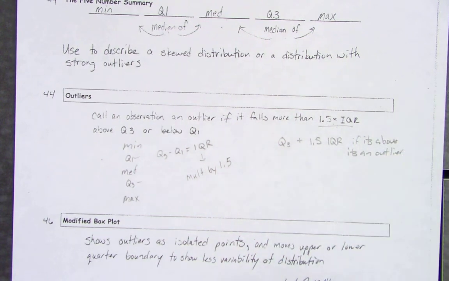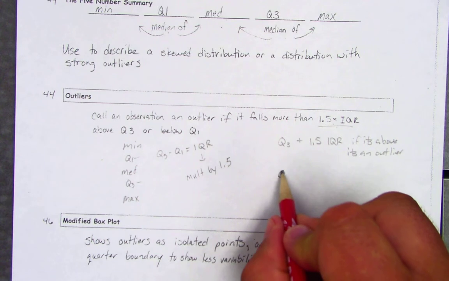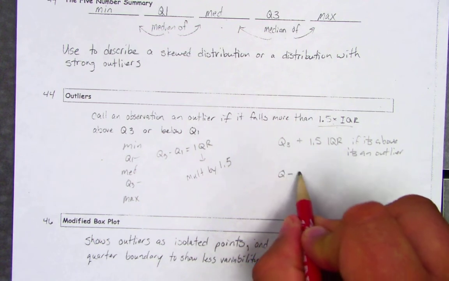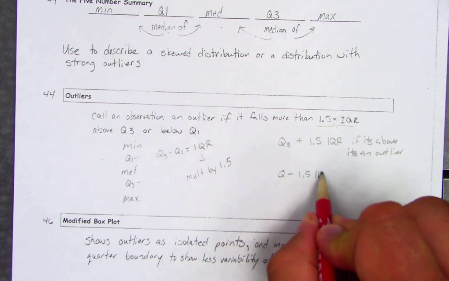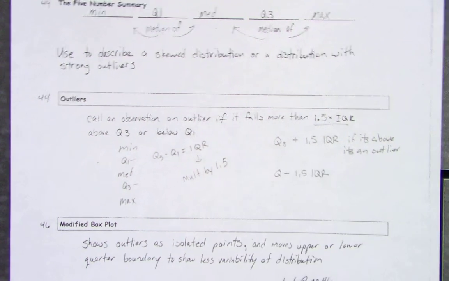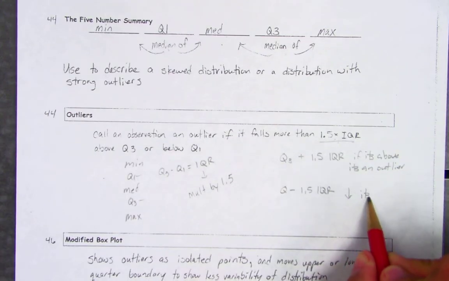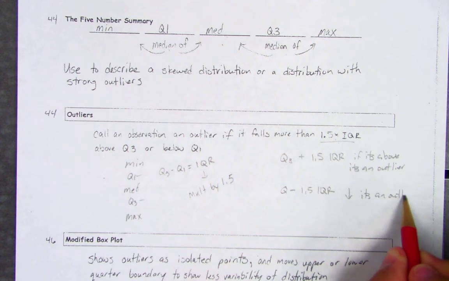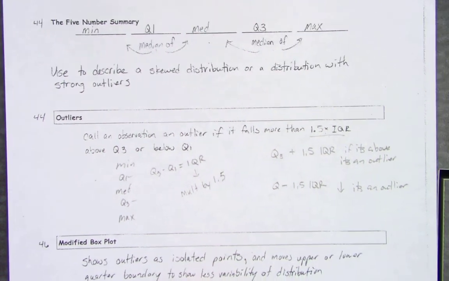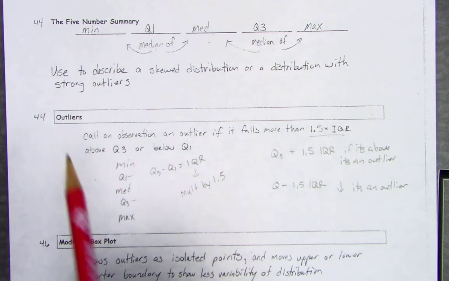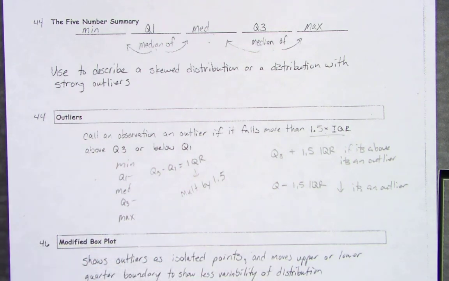We do the same thing for below. So we go to Q1 and we subtract 1.5 times the IQR, and if our number is below that, it's an outlier. So that's the calculation that we spoke of earlier in the notes, where I said we would get to that. It's on page 44 if you want to walk through an example.